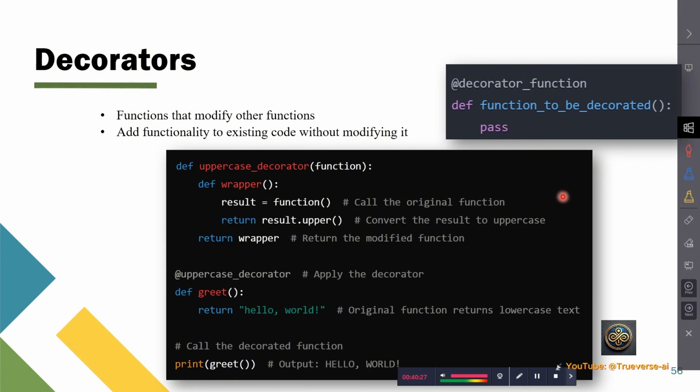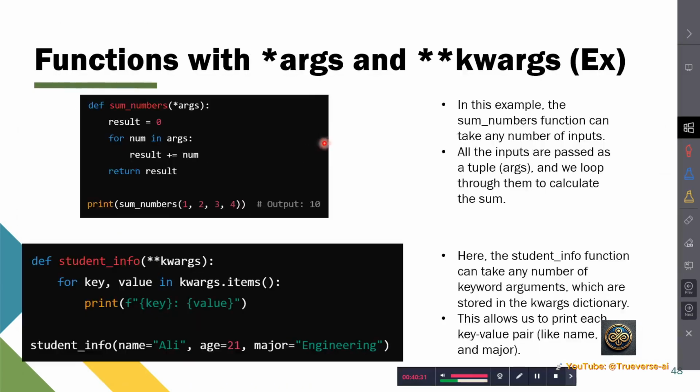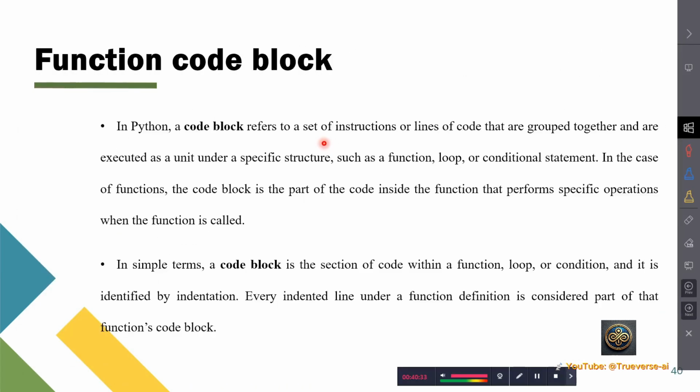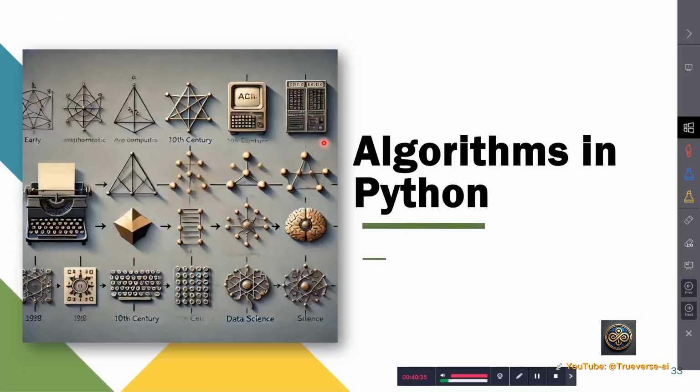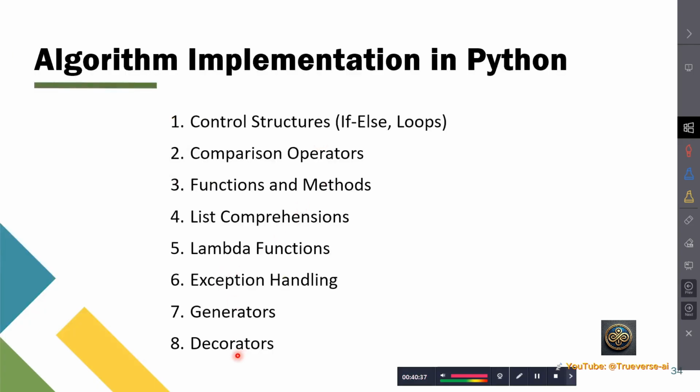So we already talked about many things, from the algorithm at the beginning until the decorator. We talked about the very useful functions which we need for AI and big data. Quickly, I already explained.